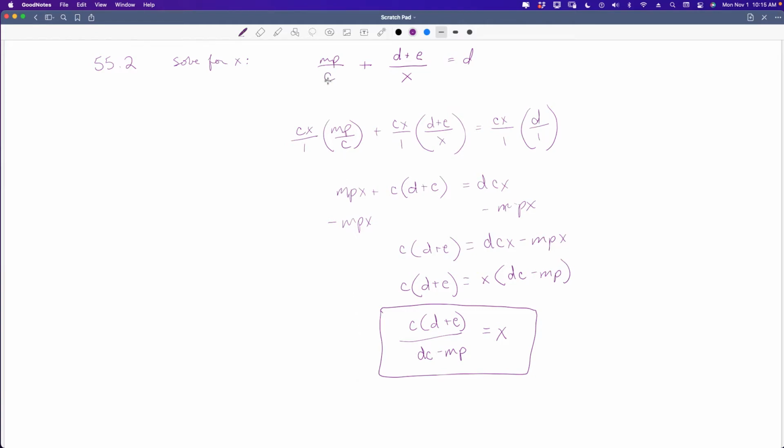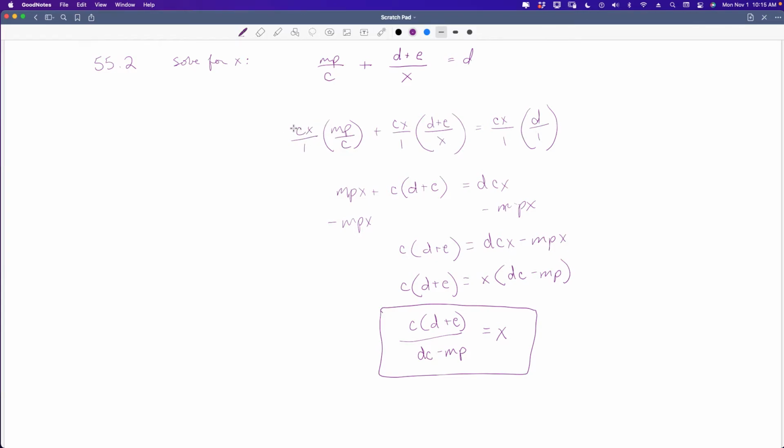So the first thing we did was we found our common denominator, which was CX. So we multiplied CX times each fraction. And basically what I'm doing here, this is a shortcut. I am multiplying what's missing. What's missing is X, but I'm doing it in such a way so that it is standard all the way across.